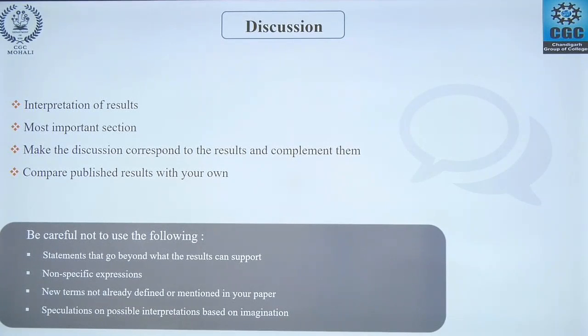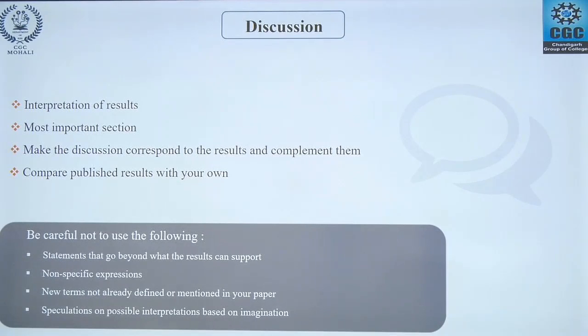We should be very careful not to use the following, right? Statements that go beyond what results can support. This is, don't put redundant data. Non-specific expressions such as higher temperature, lower rate, good efficiency. I mean, they are not acceptable.